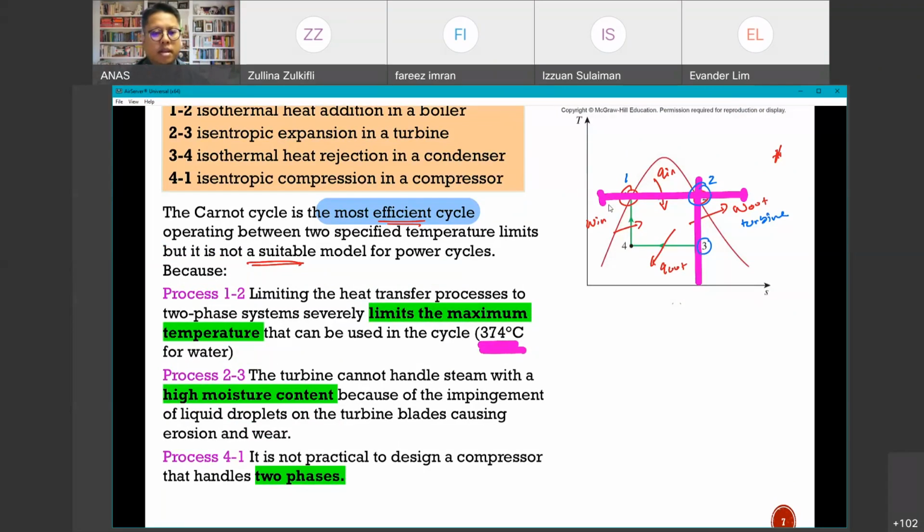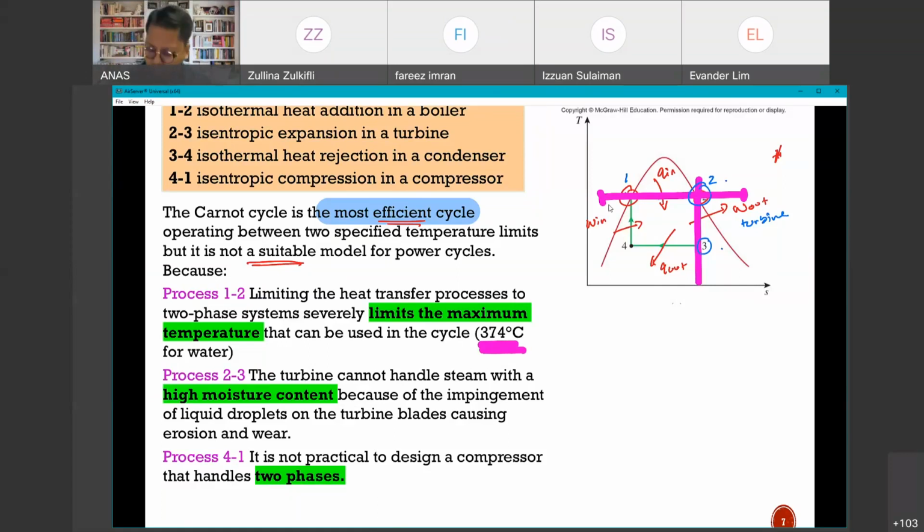After some work is done, the vapor or steam loses some kinetic energy. The loss of energy can be translated by the drop in temperature from 2 to 3.